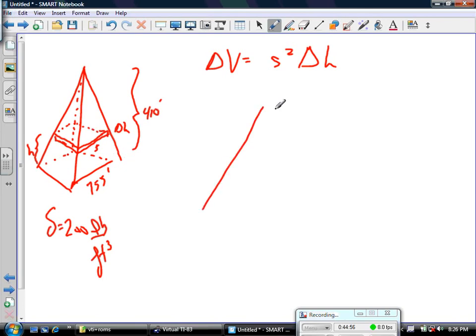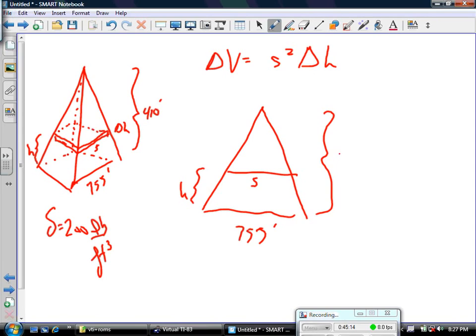Well, think of it. Let's look at this cross section. If you slice down the middle of this thing, that's the side of the square slice. That's the side of the square base, right? The slice is H units from the ground, H feet from the ground, but this whole thing is 410 feet. Don't we have similar triangles again? Right?